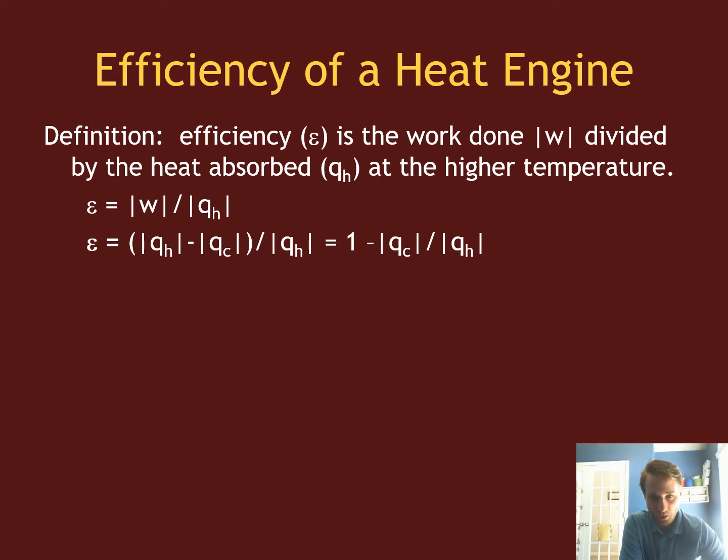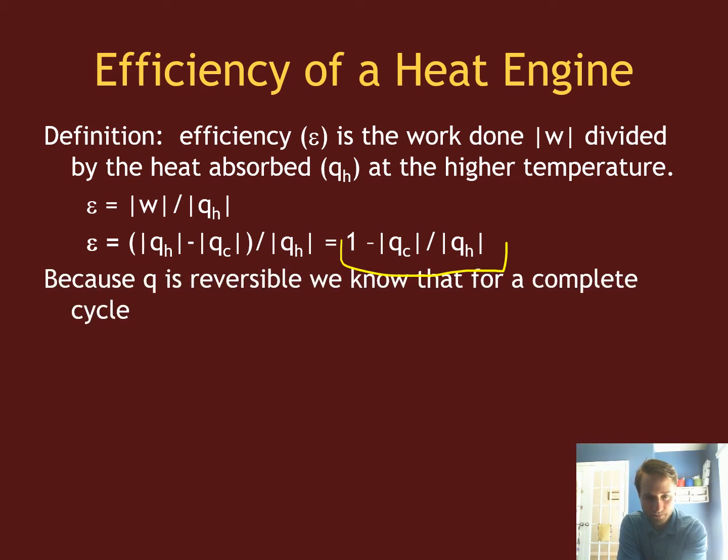Well, that work is related with the hot minus the cold heat transfer. And so that efficiency can be written as 1 minus the heat transferred to the cold side divided by the heat transferred to the hot side. This is for a heat engine, where we're again thinking of this Carnot cycle.